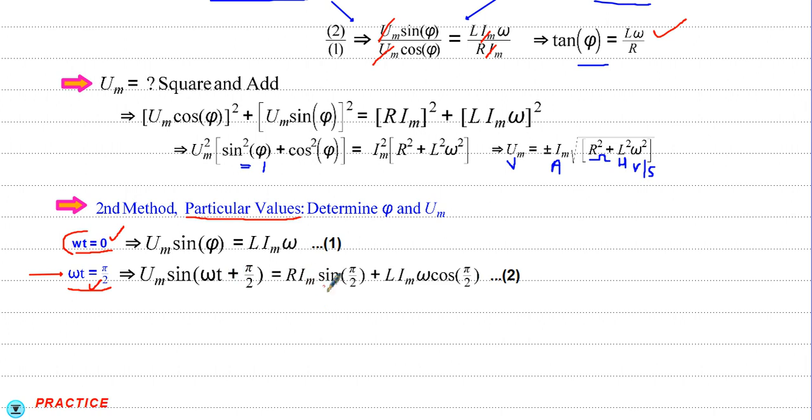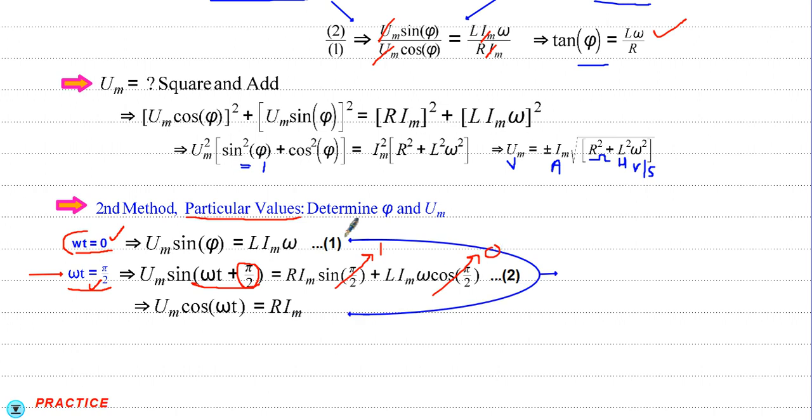So here Im sine is gonna be 1, and this is gonna be 0. So we will have Um cosine omega t. Why cosine? Because sine of alpha plus pi by 2 is in the second quadrant. So because it is pi by 2, it will change to cosine, and it is positive. Um cosine phi is equal to Im R.